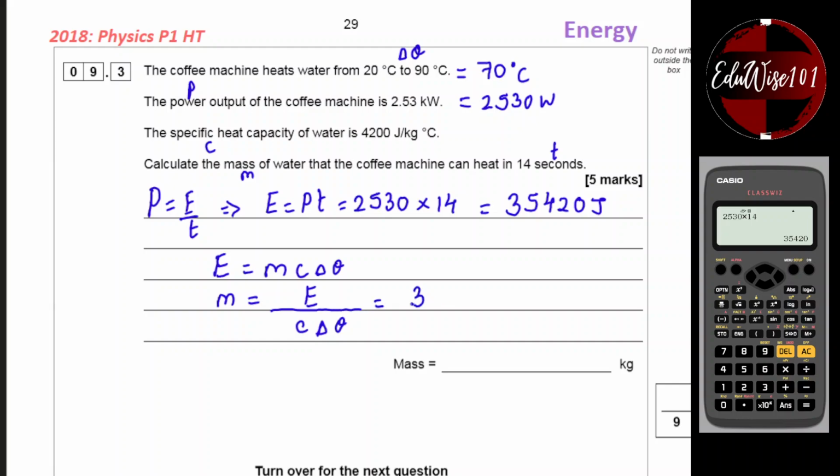So 35,420 divided by specific heat capacity of water is 4,200. They have given that value here. Multiplied that by 70.